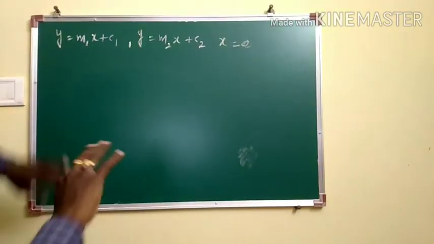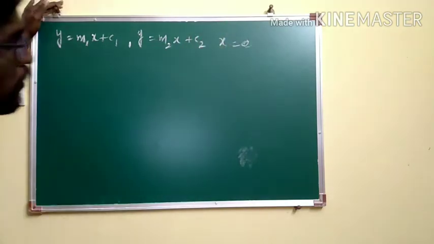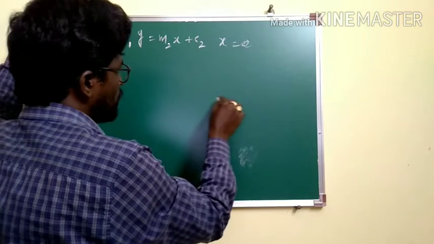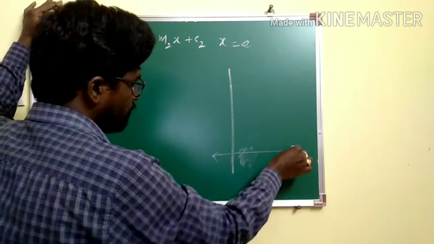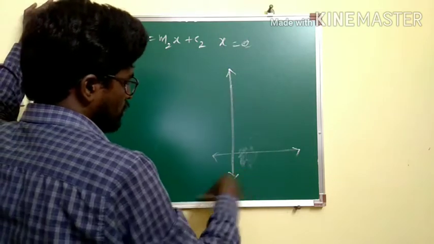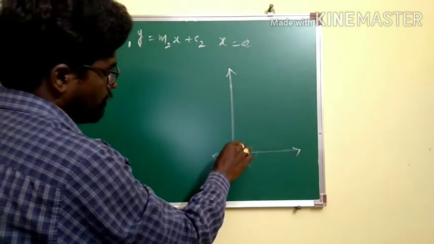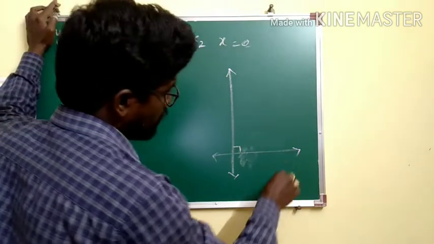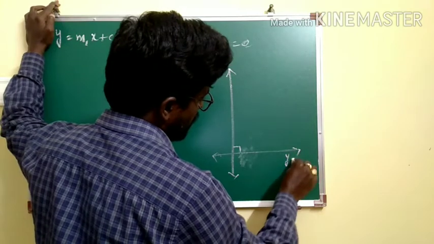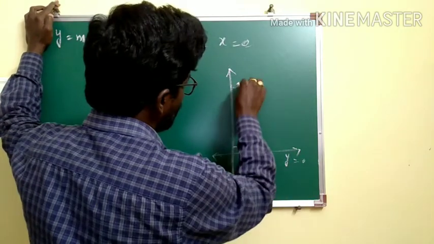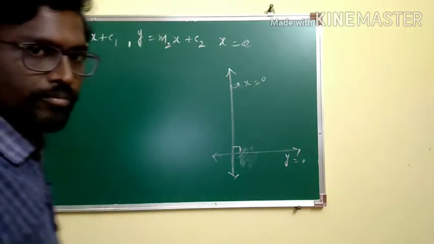The triangle is formed by these two lines, as well as the third line x equal to 0. I have told you n number of times earlier, if you are taking the coordinate system, the equation of x axis is y equal to 0, the equation of y axis is x equal to 0.